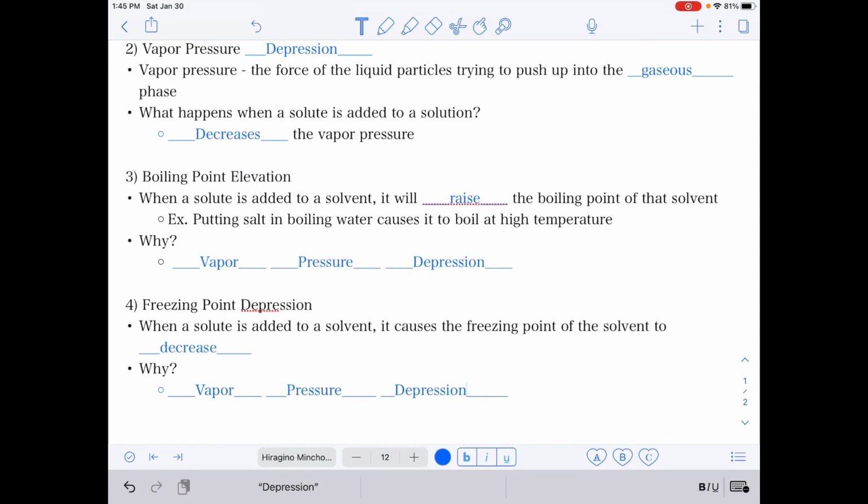So that's a logical explanation as to why you would have freezing point depression. And then once again, you can also think about it in terms of vapor pressure, right? So if you're going to decrease the pressure, then you're also going to have to decrease the temperature in order to get it to freeze. So hopefully that makes sense.